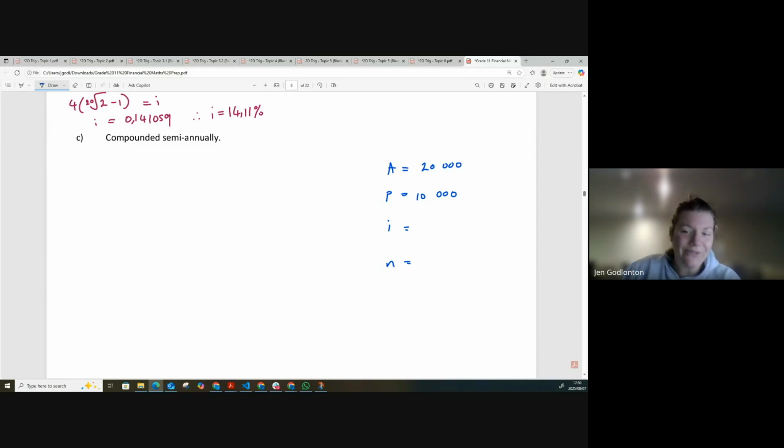N is definitely not 2. N is definitely going to be 10. So our I is going to be I divided by 2 because it's semi-annually. And our N is we're going to be getting interest twice a year for 5 years.